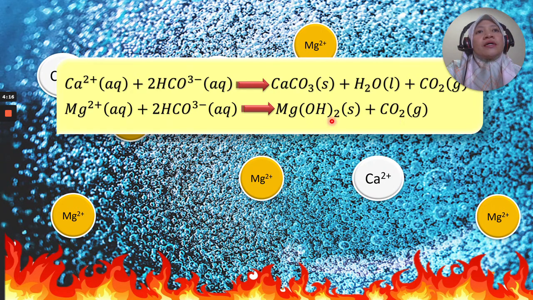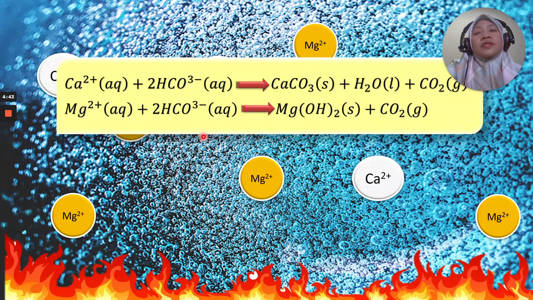Okay, so here G stands for gas, S stands for solid. So we can see here the formation will create some solid particles, and aq here stands for aqueous, which shows that this molecule is dissolved in water.